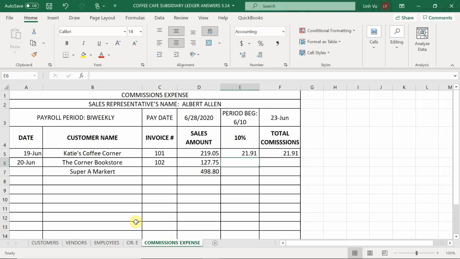The 127.75 is already listed. And that's it, right? Since he just delivered his coffee, he deserves his 10% cut. What is that 10% cut?